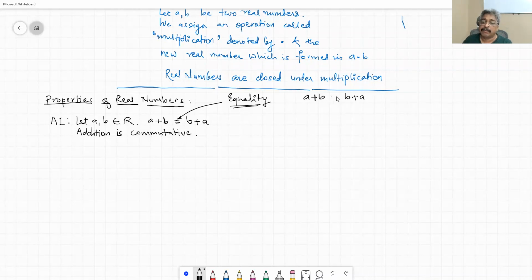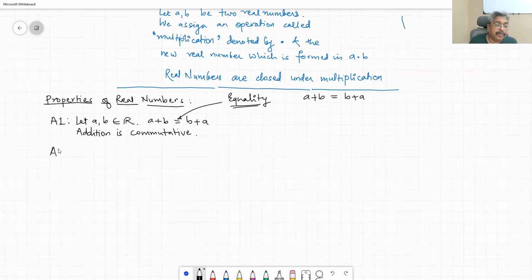So the meaning of equality is the real number is the same, but it looks different. Whether you add B to A, whatever new real number you generate is the same as if you add A to B. So this is our first property, and addition is commutative.